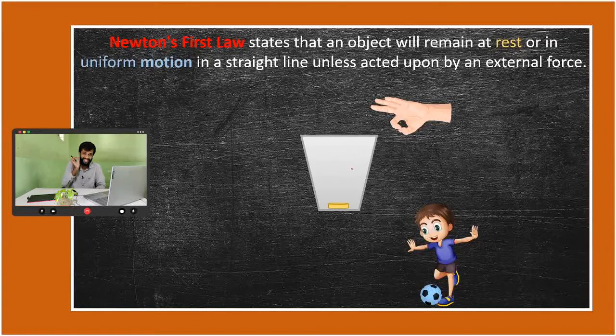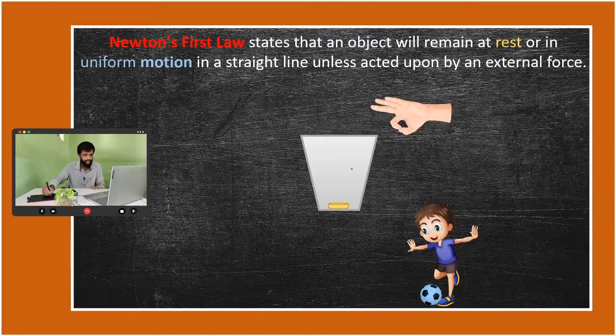Newton's first law states that an object will remain at rest, okay? And at rest, so the cardboard was kept. Cardboard is at rest. Glass also is at rest. Coin also is at rest, okay? And it will remain there, or in uniform motion.